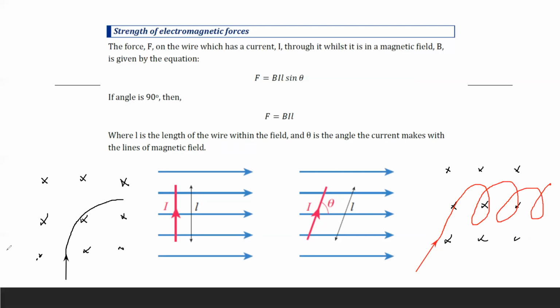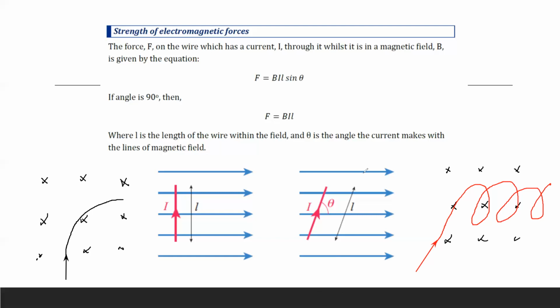Because here, when it entered, the only component of the velocity was perpendicular. But in this case, there are two components of the velocity. One is perpendicular, at 90 degrees, and the other is parallel and not affected because it is not at 90 degrees to the magnetic field, so it will follow a spiral path. So the path of the charge varies depending on how many components of velocity it initially has.